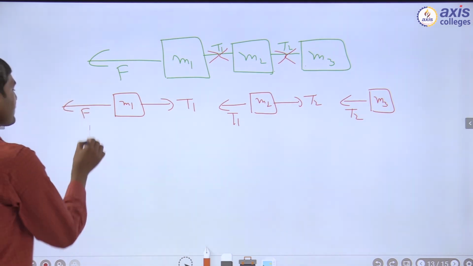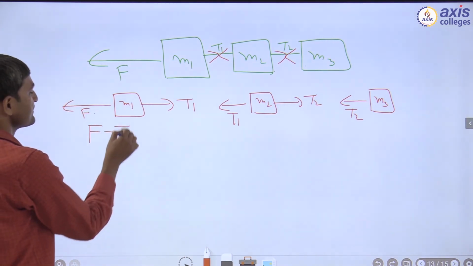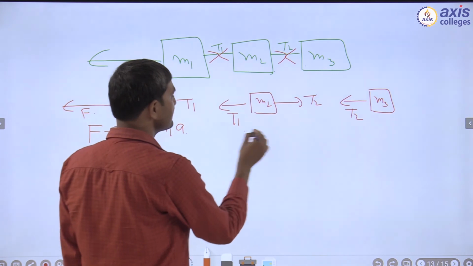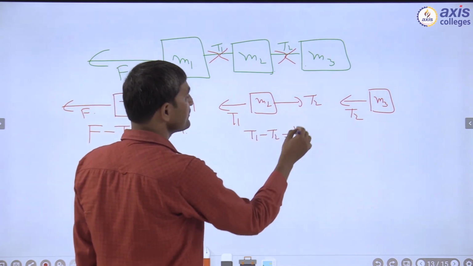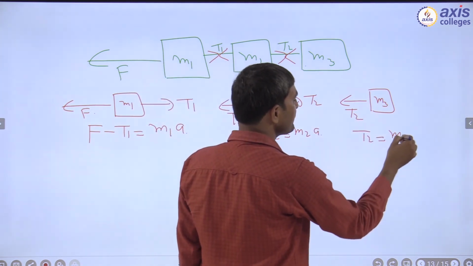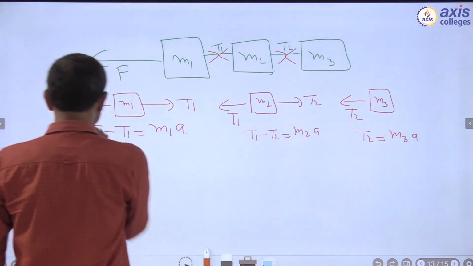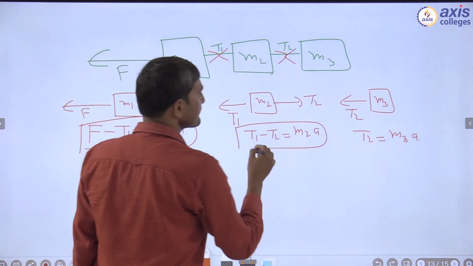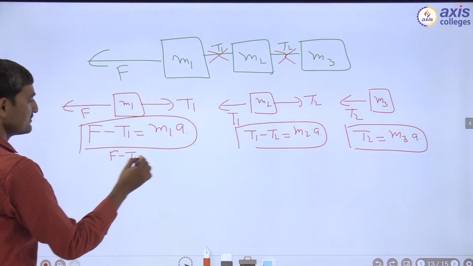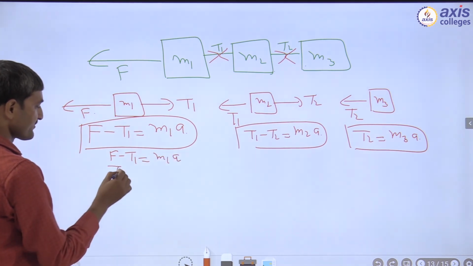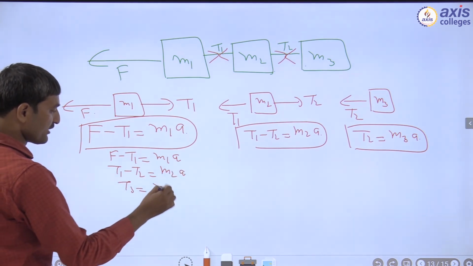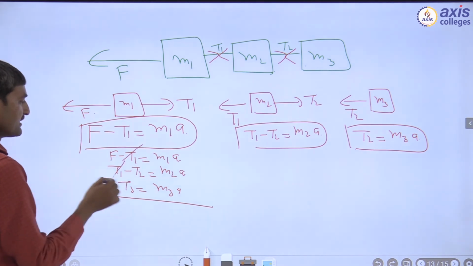So if I write the equations, force F minus T1, the net force, equals M1 into A. For block 2, T1 minus T2 equals M2 into A, and for block 3, T2 equals M3 into A. So we have 3 equations, and if I add F minus T1 equals M1 into A, T1 minus T2 equals M2 into A, and T2 equals M3 into A, all the tensions will cancel.